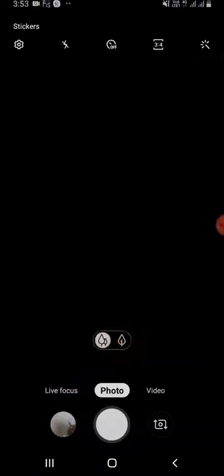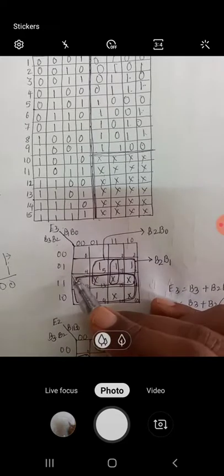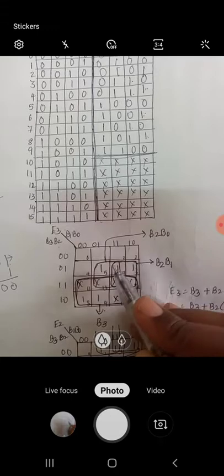Now this column and this column, so 01 and 11. So what is the value? B0, the value is 1. So I'm going to write it as B0. Similarly for this quad, again the same B2 will be retained, but here B1 is retained, so B2 B1.